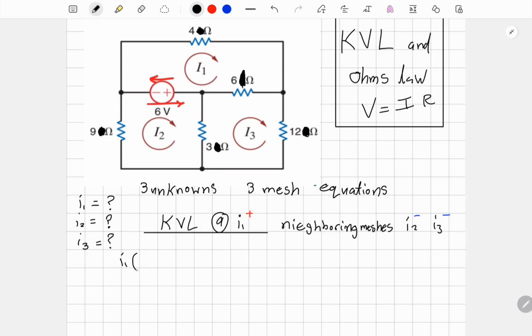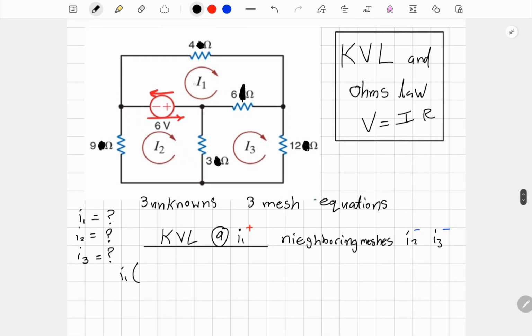I1 multiplied by the sum of all the resistors in the mesh. I have I1 here, so I have this resistor and this resistor: 4 plus 6.